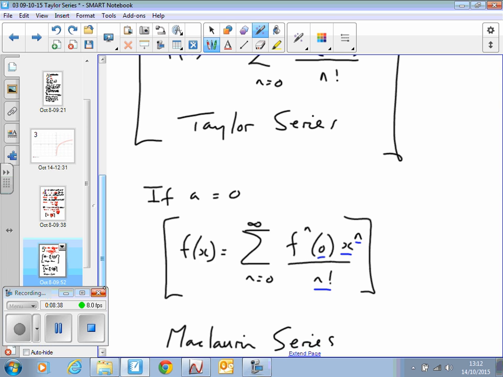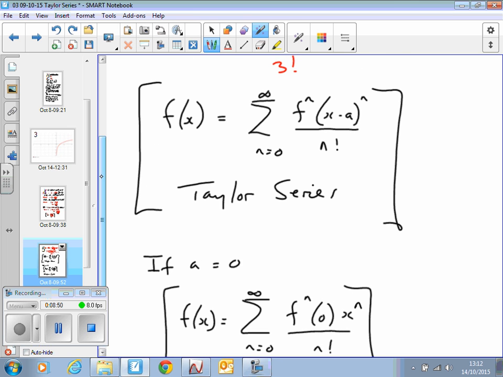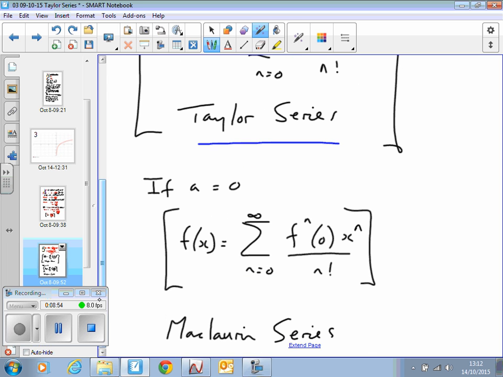So if the function exists at 0, we can simplify things a bit and use that series there, which is called the Maclaurin series. So we now have two expressions, one for the Taylor series, which is the most general one, but in situations where the function exists at 0, we can use this series to represent our function as a power series. Now what we need to do is look at one or two examples.